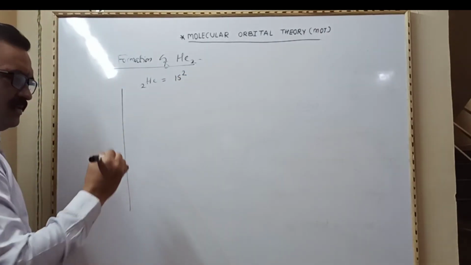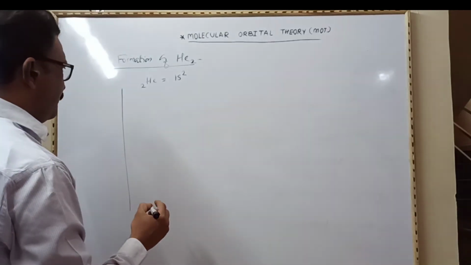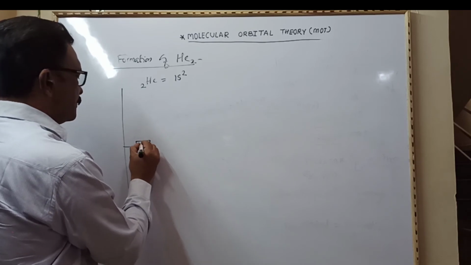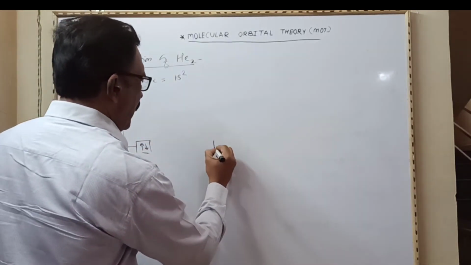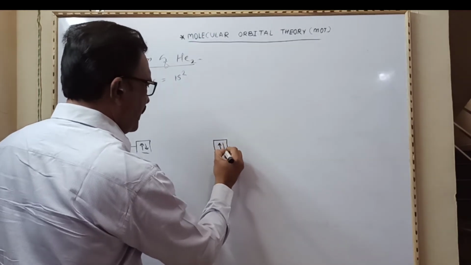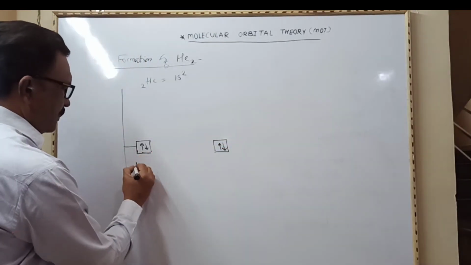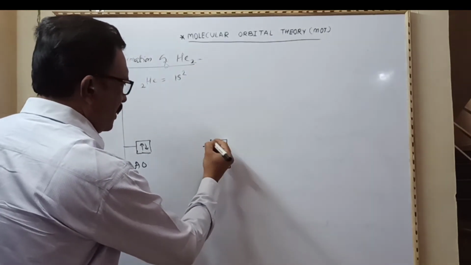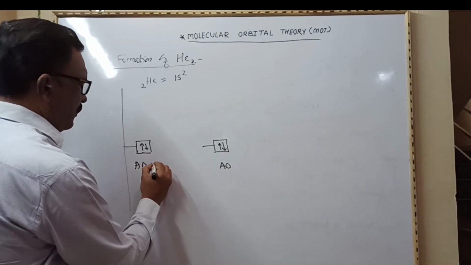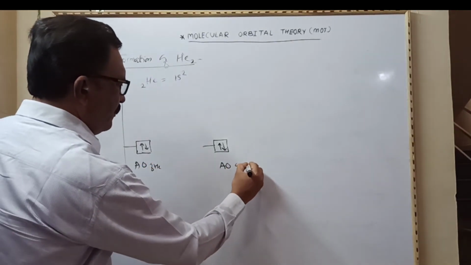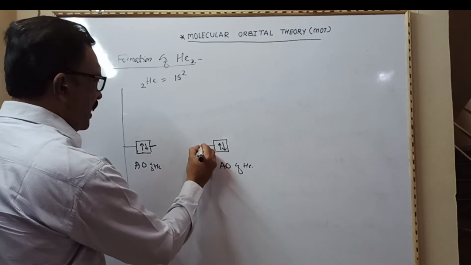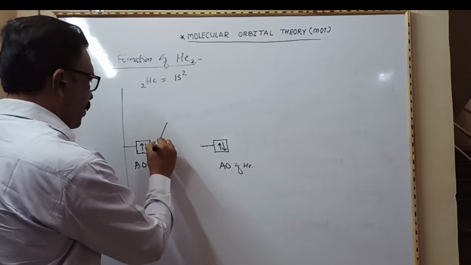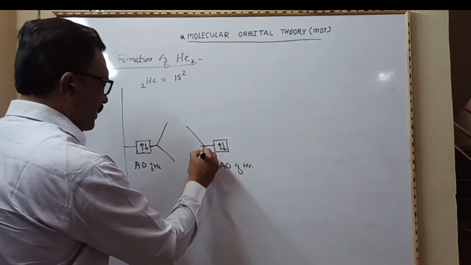According to molecular orbital theory, the 1s2 atomic orbital of one helium atom and the atomic orbital of another helium atom mix or combine together to form two molecular orbitals.